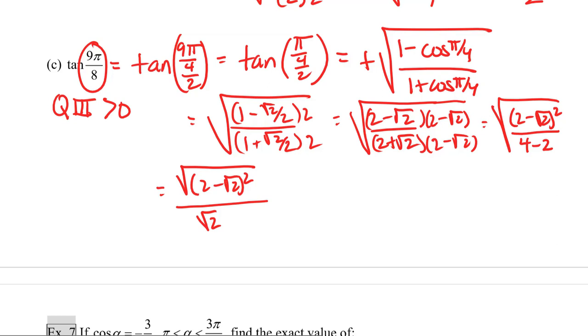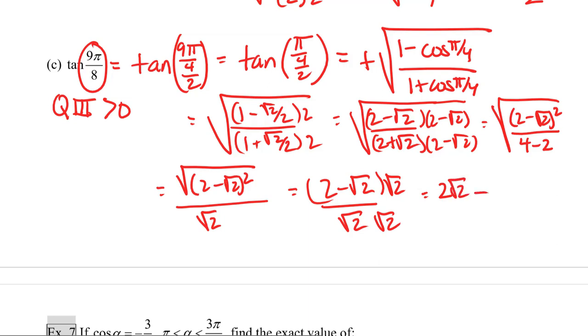Remember that a radical and a square root cancel, so the numerator is simply 2 minus the square root of 2 over 2. I'll rationalize again by multiplying by the square root of 2 over 2. This gives me 2 times the square root of 2 minus 2 over 2, which finally simplifies to the square root of 2 minus 1.